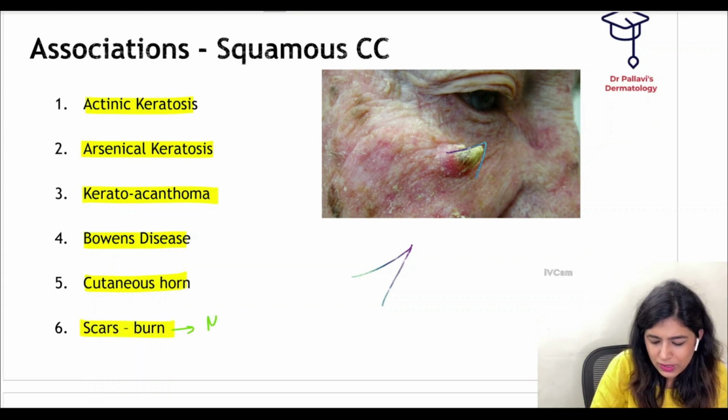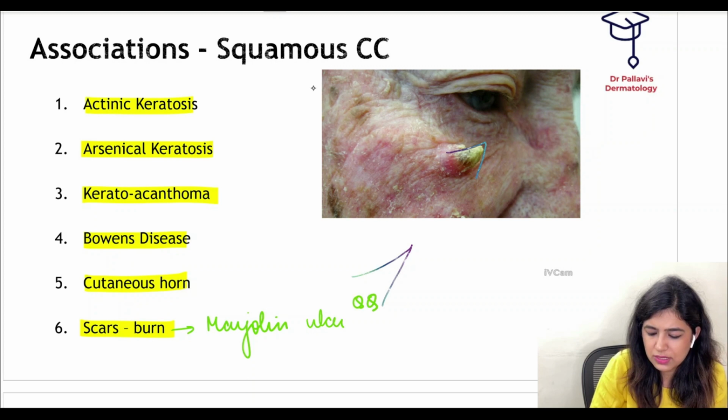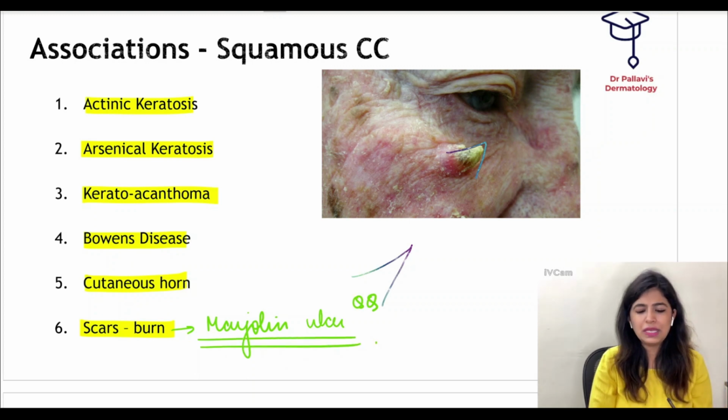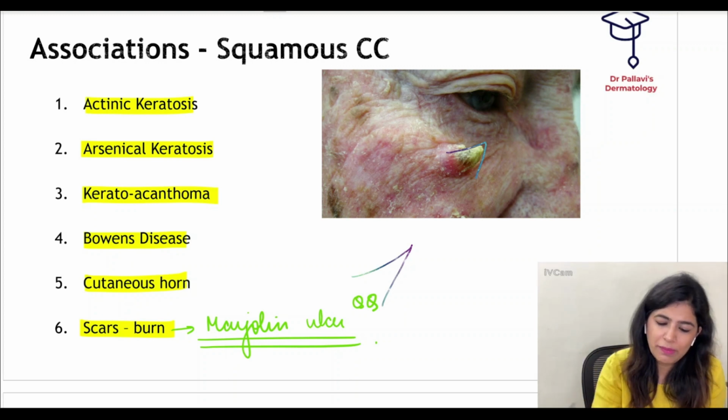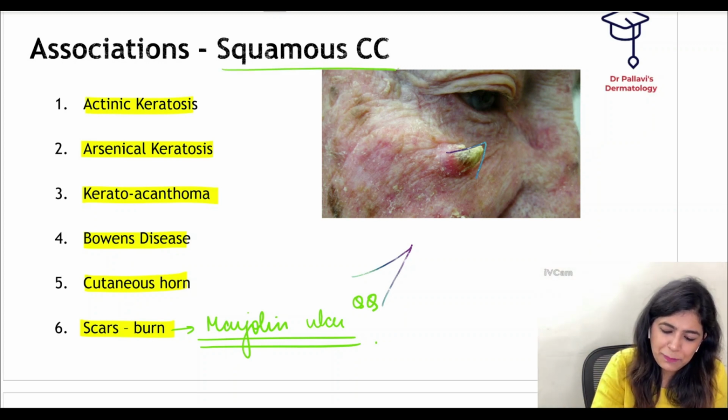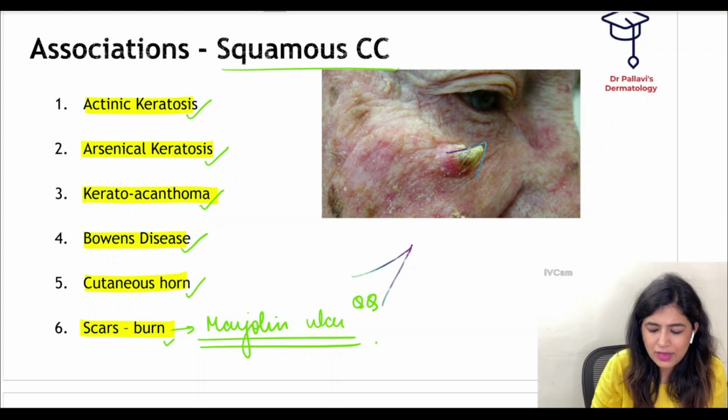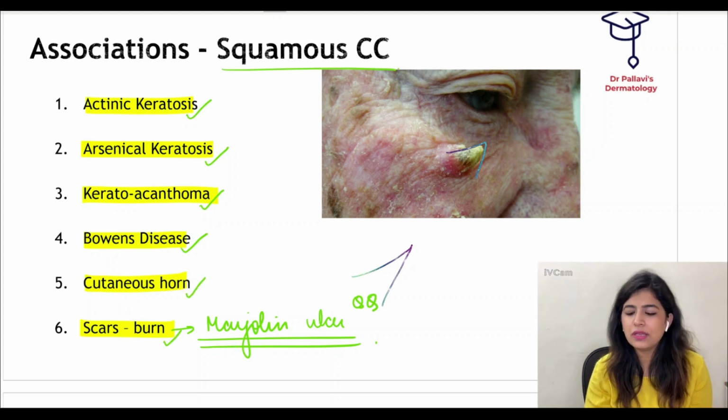Burn scar leads to a type of SCC, which is also called marginal ulcer, which is a very, very, very often asked image-based question for you in the exam, asked in the June as well as the December 2019 exams. So coming back to associations of SCC: actinic keratosis, arsenical keratosis, keratoacanthoma, Bowen's, cutaneous horn, and marginal ulcer.